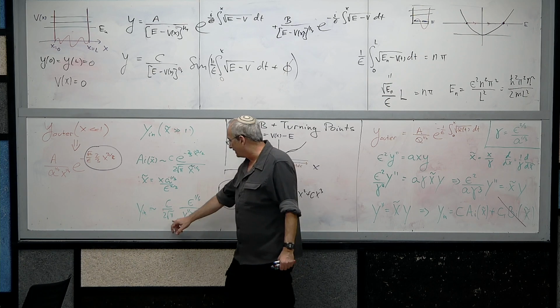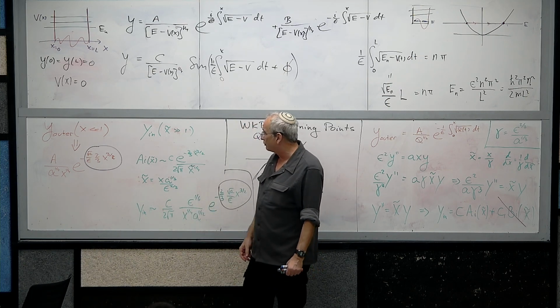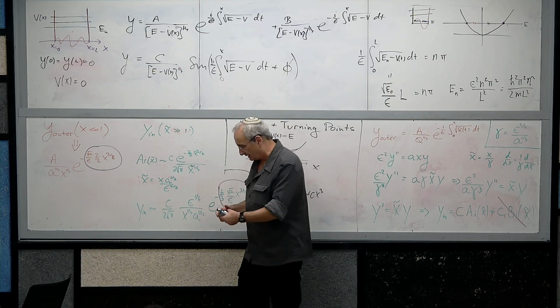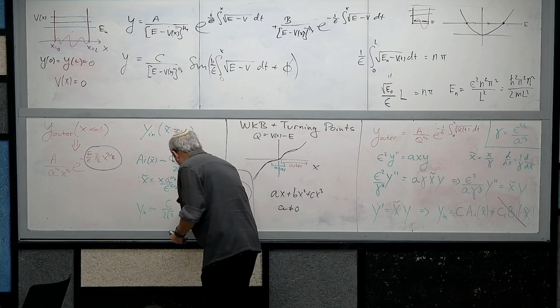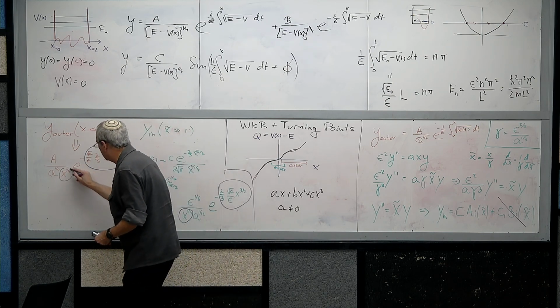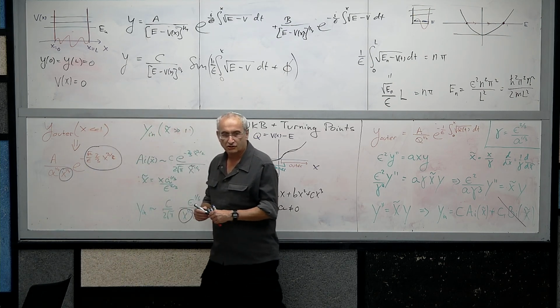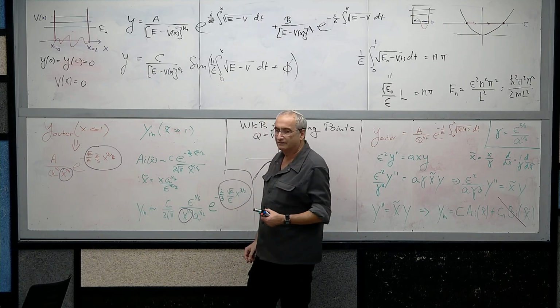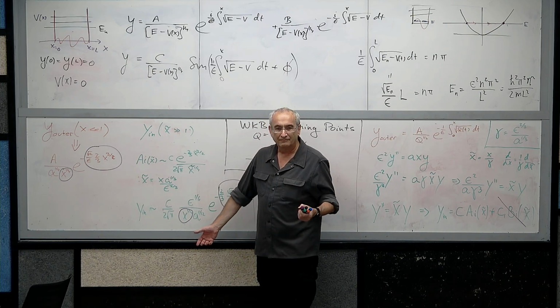Now, what about the coefficients? So the x, we have another matching. Here we have x to the 1/4, and here we have x to the 1/4. They also match. And what about the rest? The rest are constants.